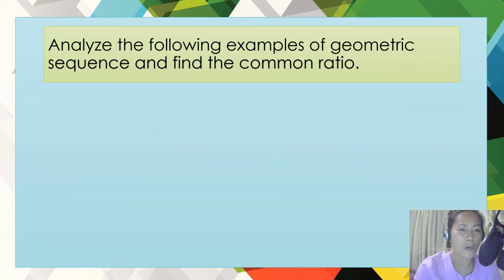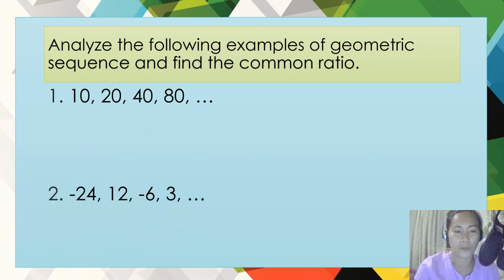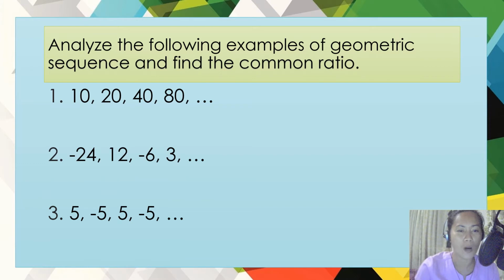Okay, let us now analyze the following examples of geometric sequences and find the common ratio. Number 1: 10, 20, 40, 80. If we have the geometric sequence 10, 20, 40, and 80, and so on, find the common ratio. But how do we find the common ratio?